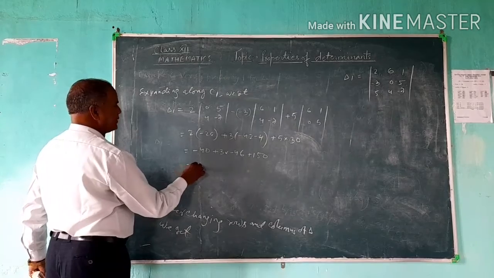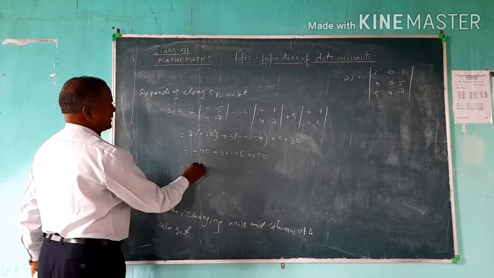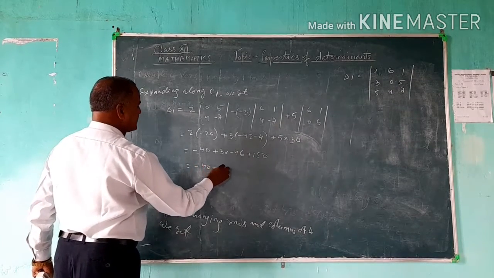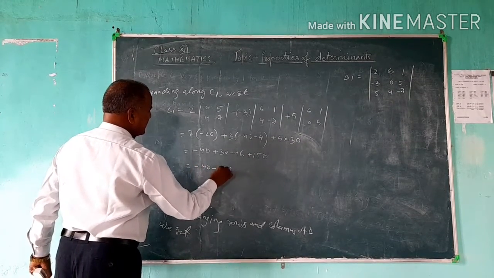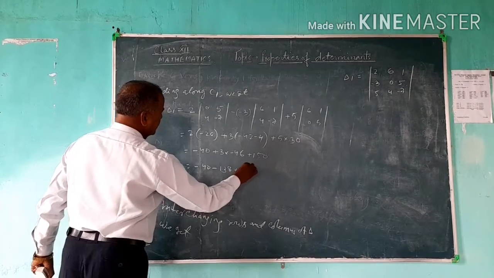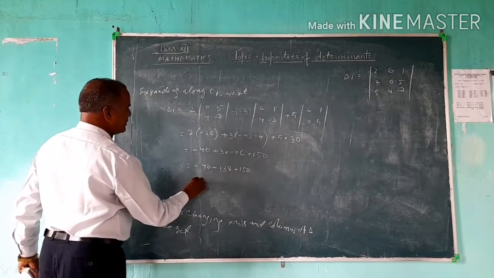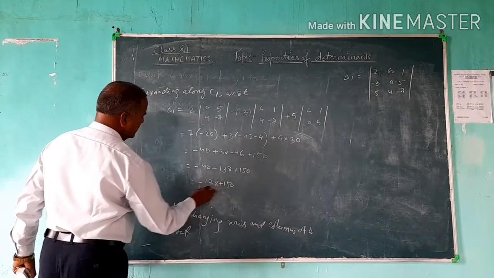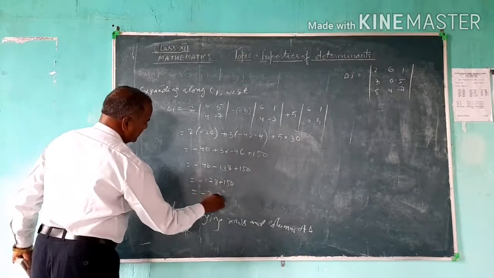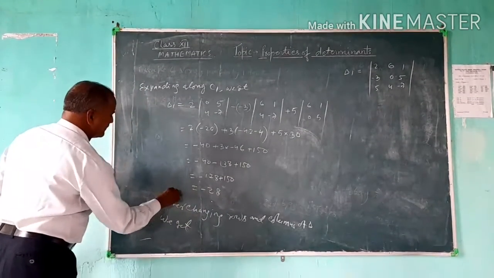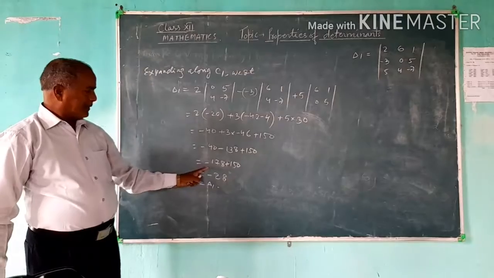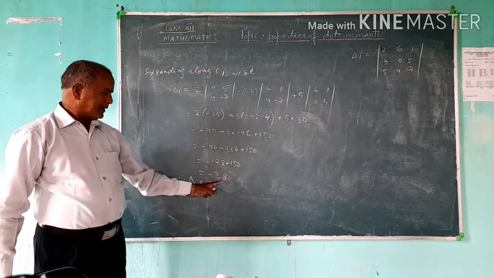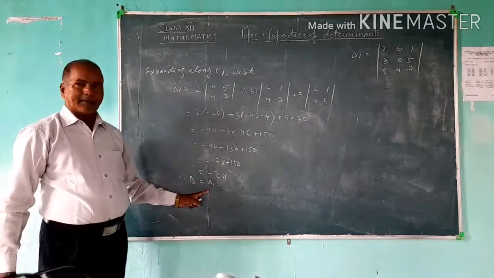So this is equal to minus 40 minus 138 plus 150, which is minus 178 plus 150, and this is equal to minus 28. So delta is equal to delta 1, verified.